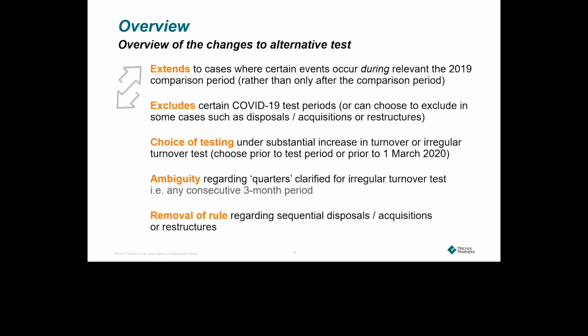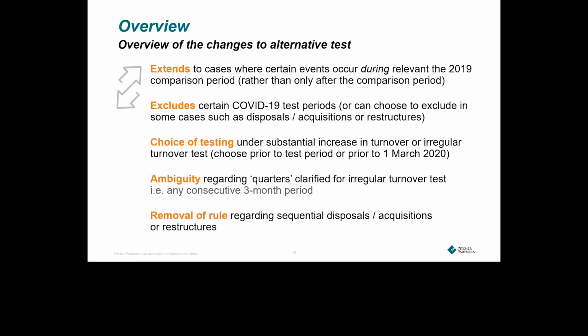So they've provided a maximum amount of options, where you can look at whatever transaction may have changed your turnover and choose that one in determining your comparison. We'll go through this in detail, but it's quite a massive change. It has greatly simplified the way it will apply and also removes some ambiguous or uncertain results where you have had a transaction during the COVID period.